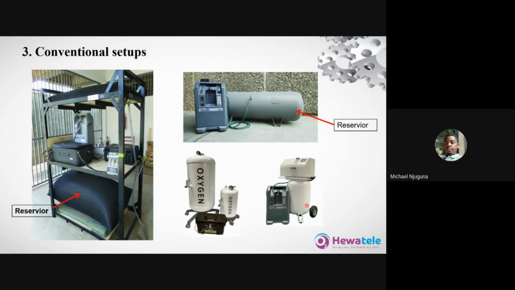The LPR in this setup is being used as a primary oxygen source. It is not just for backup, but for this design here, it is used for backup. So once you fill the reservoir, you set it aside in the eventuality that the concentrator is not working or there is no power.